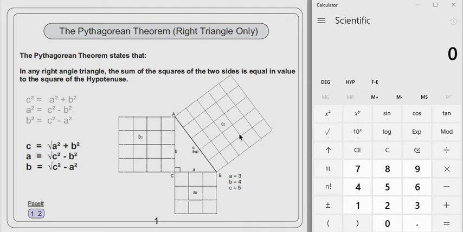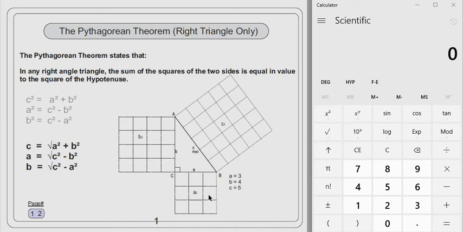The Pythagorean theorem tells us that this value of 25 squared units is identically equal to the sum of the squared units of this side A and this side B. So A squared over here, 3 squared is 9, 4 squared is 16.